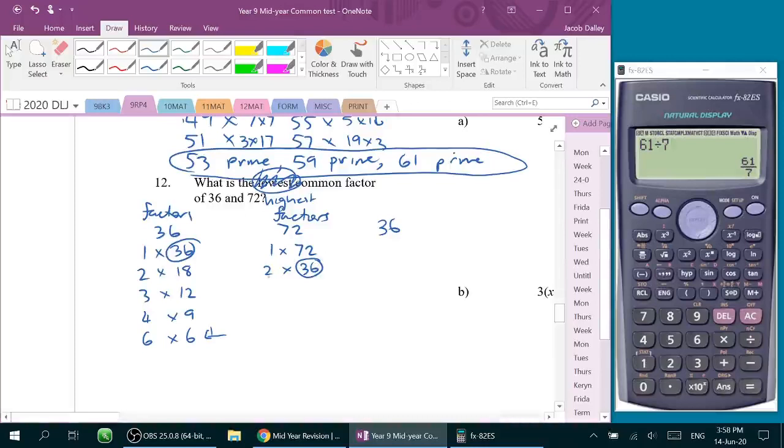Of course, we could go further with 72. You've also got 3 times 24, 4 times 18, 6 times 12, and 8 times 9.